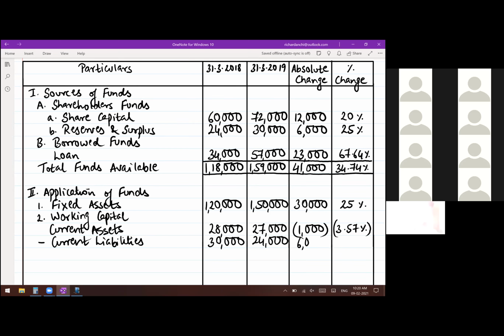Minus 6,000. And percentage change: minus 6,000 divided by 30,000 into 100. Minus 20%.